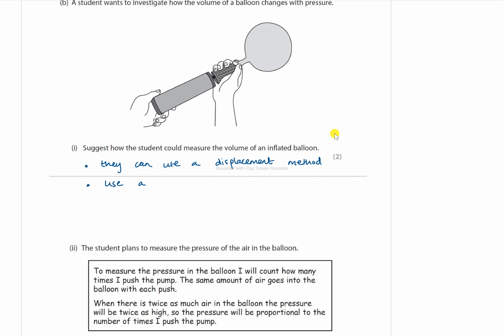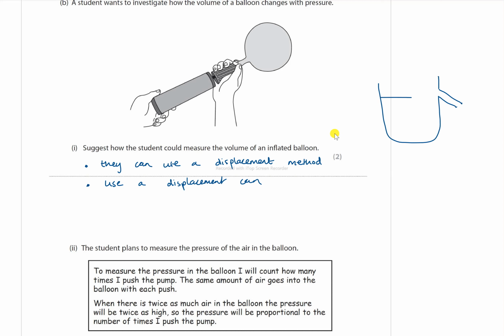Use a displacement can or measuring can. A displacement can will be something like this.